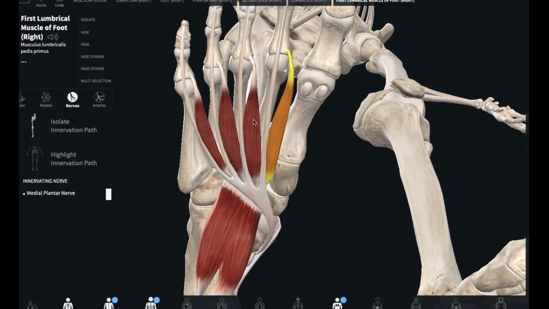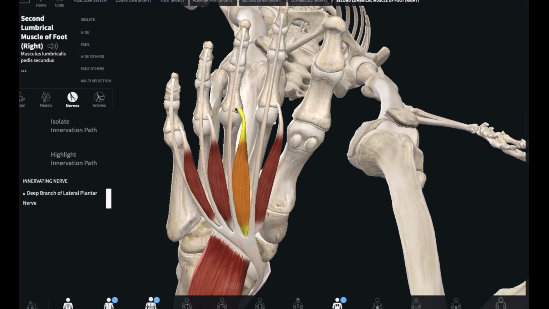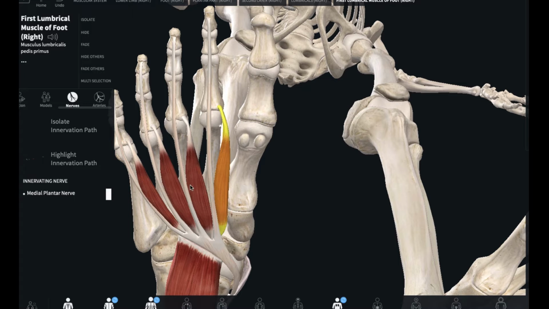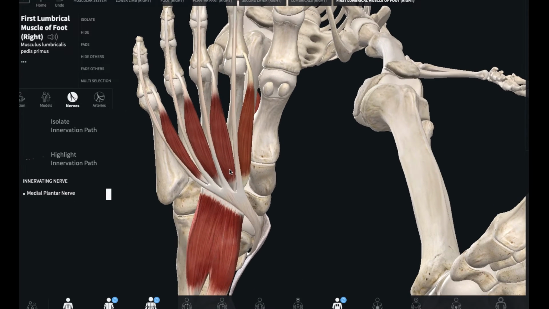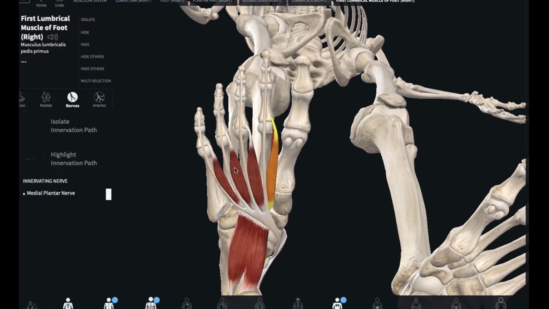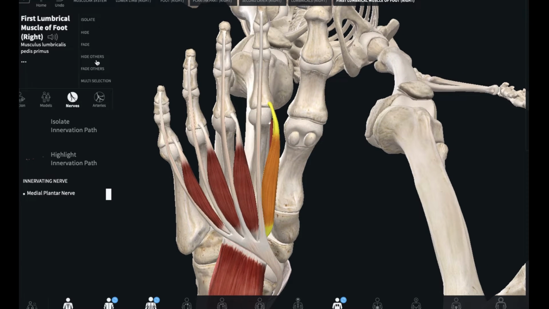Okay, so right here, let's have a look. So number 3, 4, and 5 are the lateral plantar nerve, whereas number 2 is the medial plantar nerve. Okay, so this is probably the most different one with the nerves. Just keep that in mind.